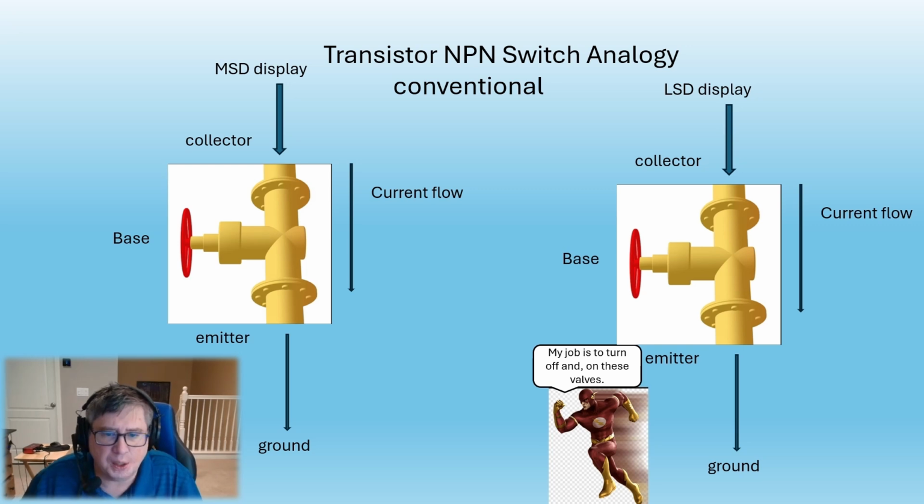The right pipe is the least significant digit, and the left pipe is the most significant digit. To think of transistors in this type of analogy, think of the Flash's job. His job is to turn these valves off and on. That's where he gets a little bit of signal. He's going to turn on these valves, turn off these valves.